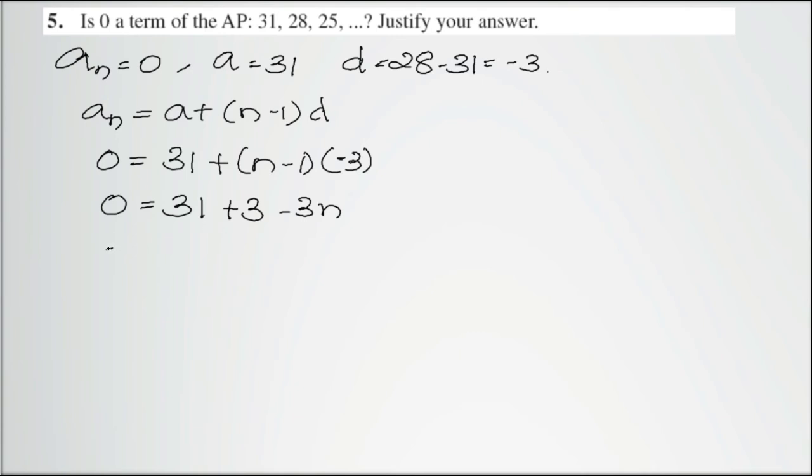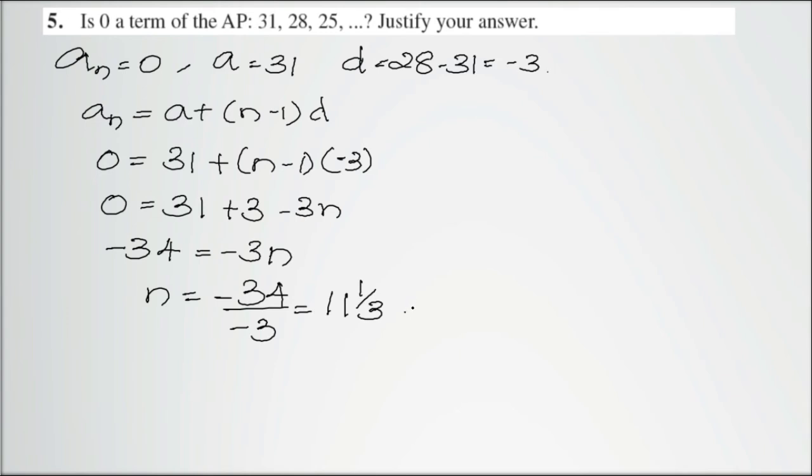When we transpose, we get negative 34 equal to negative 3n. So n will be equal to minus 34 by minus 3. We are getting a positive number, but check properly. It is 11 1 by 3, which is not a natural number.